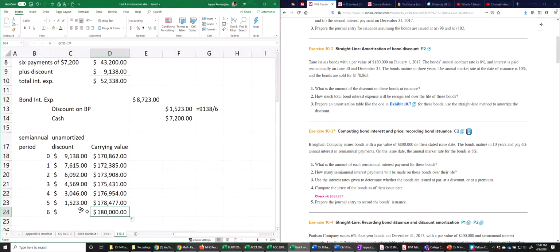And what this means is that the unamortized discount account now has a zero balance, and as the bonds are paid off, their carrying value is equal to the par amount, which is the amount that the company is going to have to write a check for.